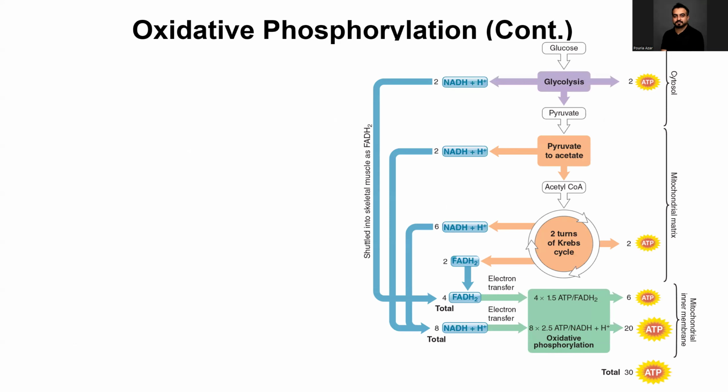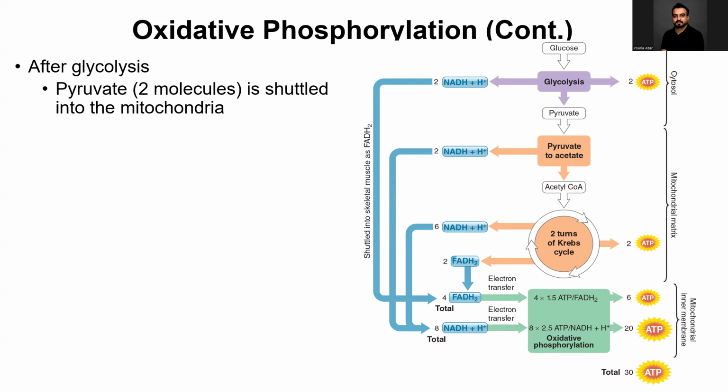So in this figure, this is a summary of the entire oxidative phosphorylation. So after glycolysis, again, glycolysis means breaking down of glucose. So we break down glucose and we convert it to pyruvate, and two molecules of pyruvate are produced from glycolysis.